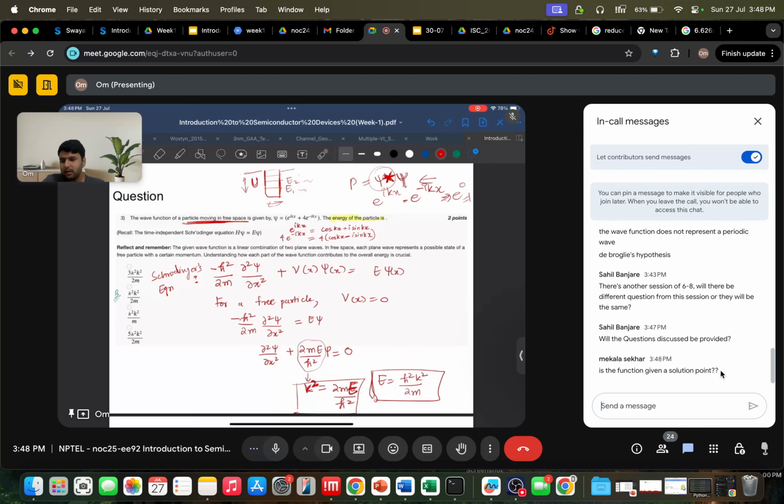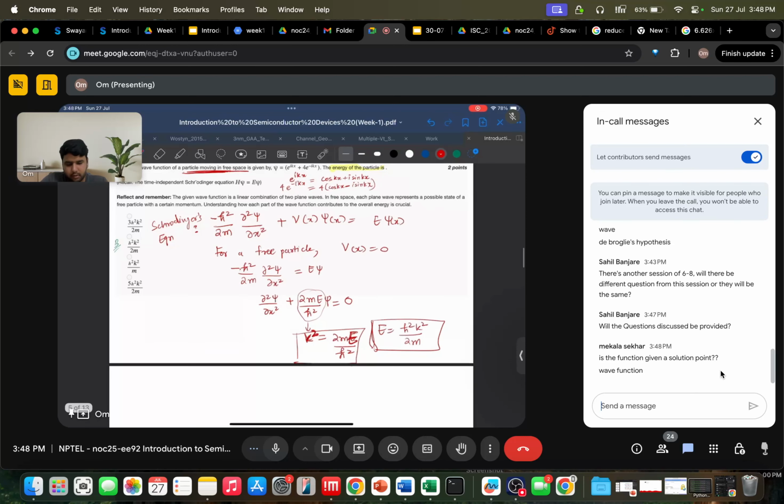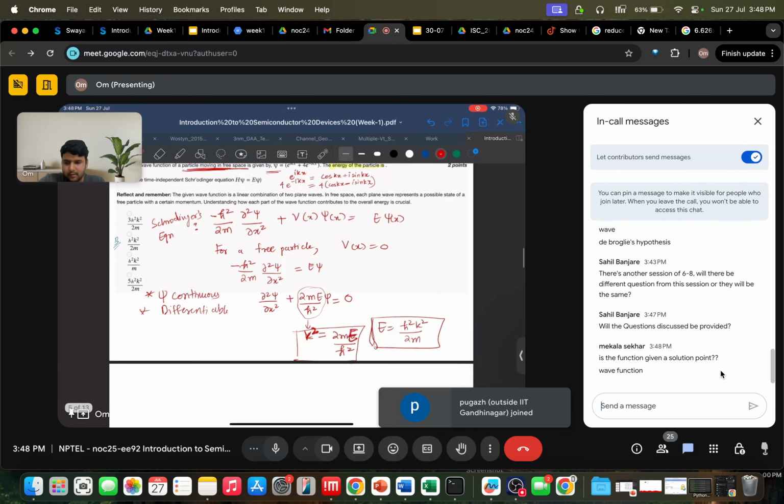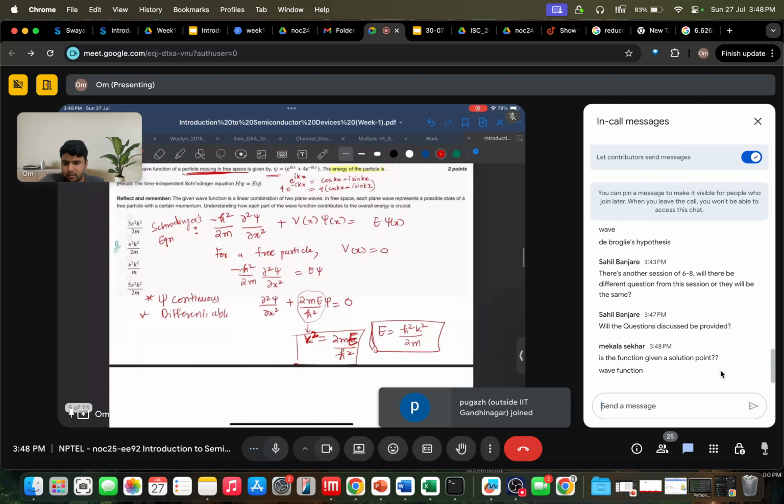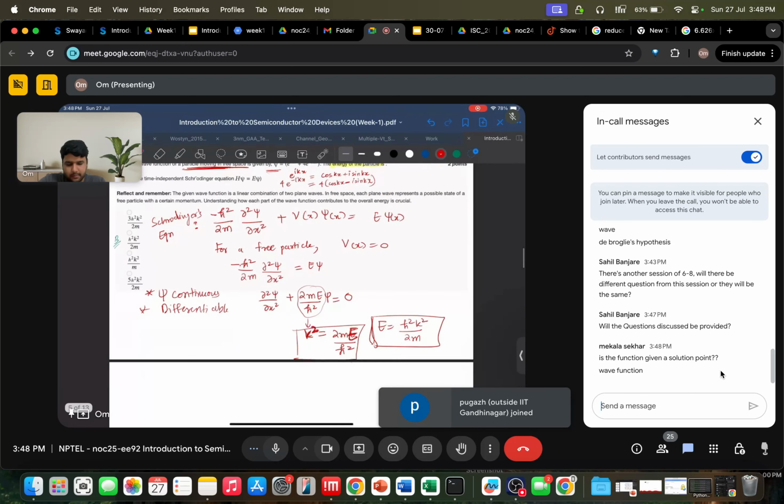Okay, so I just read through the requirements for the wave function. It has to be continuous. It has to be differentiable. It should be single valued, that means it should not have different y values for the same x value.